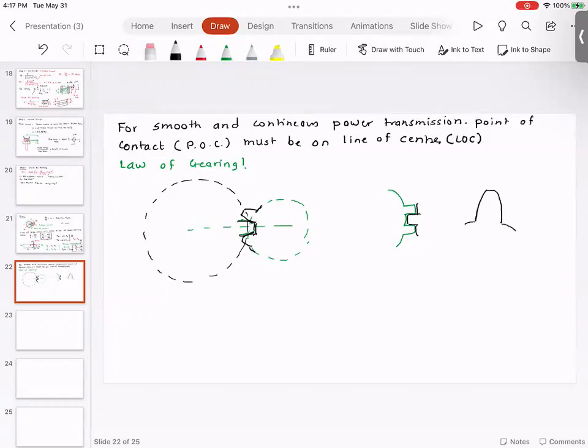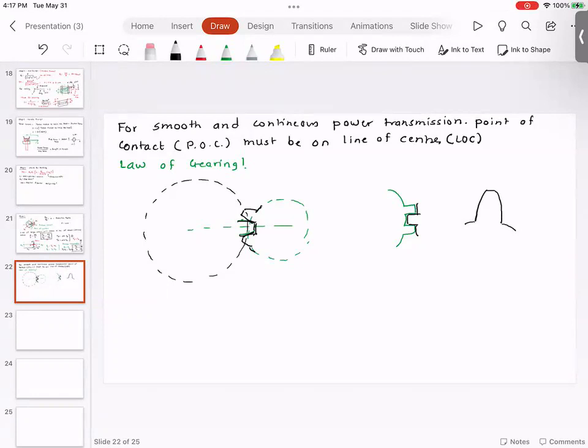Do you agree with me? Yes. Now, why this shape? Because this particular shape would ensure that those 2 teeth can engage and disengage without locking up.